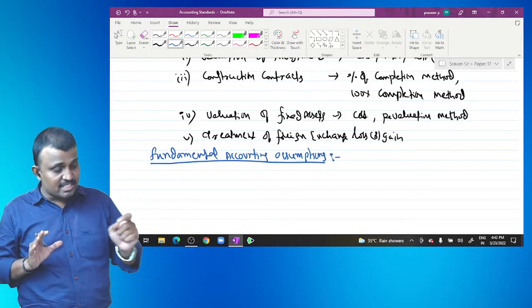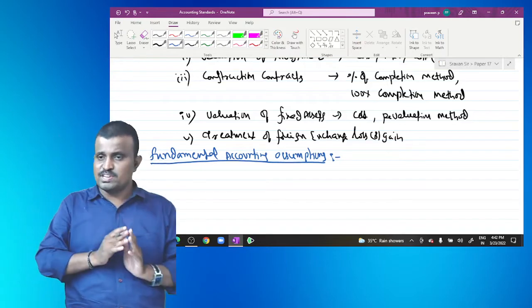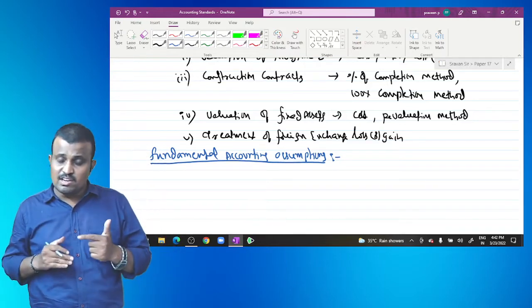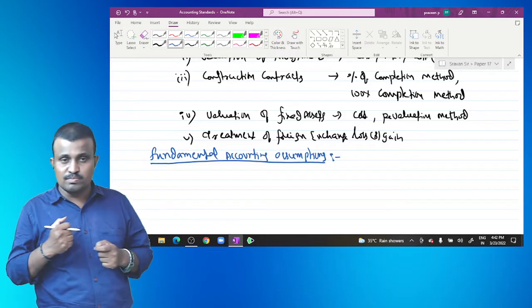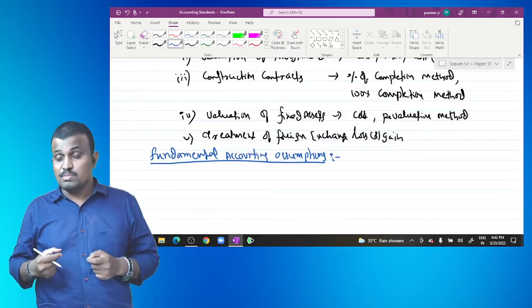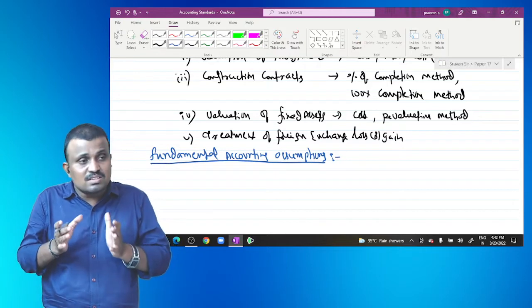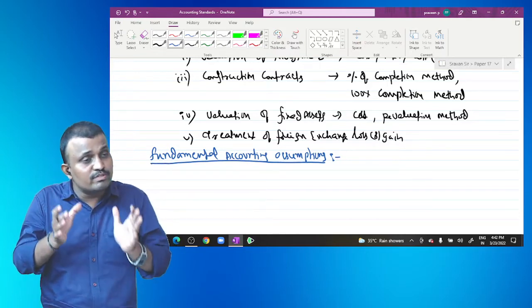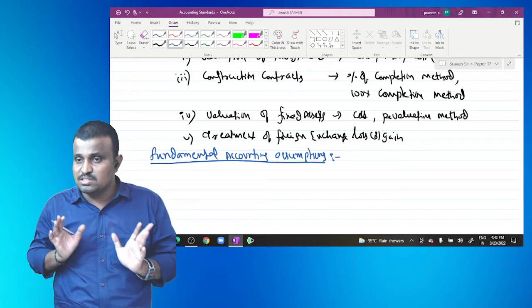And assets are generally recorded at the cost price only. So in such a way, while preparing the financial statement, we took some assumptions. But some fundamental assumptions are required to be followed while preparing financial statements.